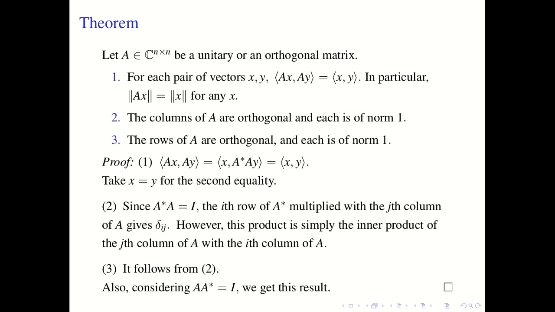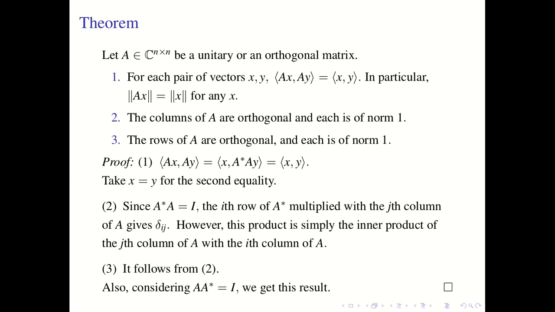The columns of A are all n cross 1 matrices. They are all of norm 1, and two distinct columns are orthogonal to each other. And we have the same conclusion for the rows as well.